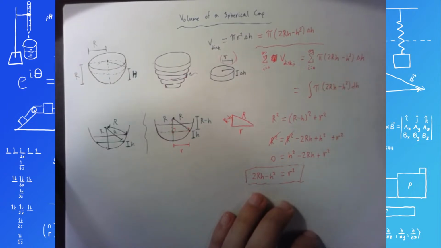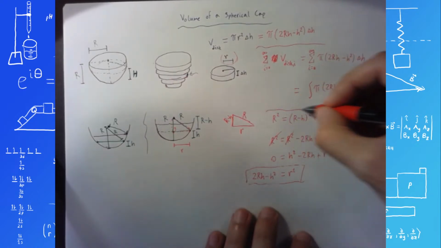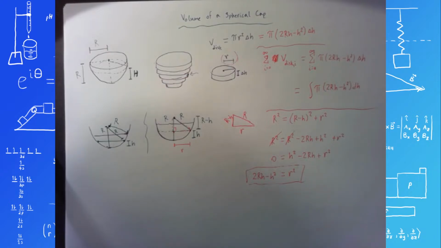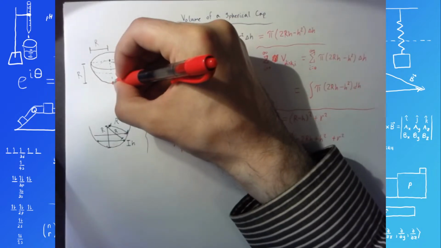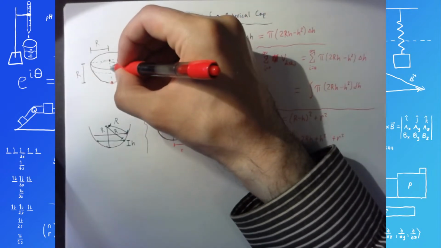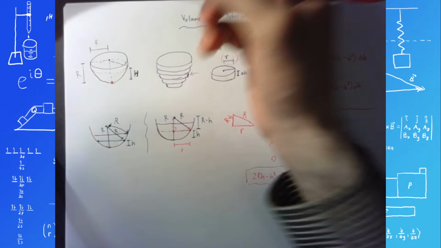The pi is a constant. I can factor it out of the integral, but more importantly, what are my integration bounds? The way I've defined h, it's going to start at the bottom, at a height of 0, and it's going to go up to a height of big H.